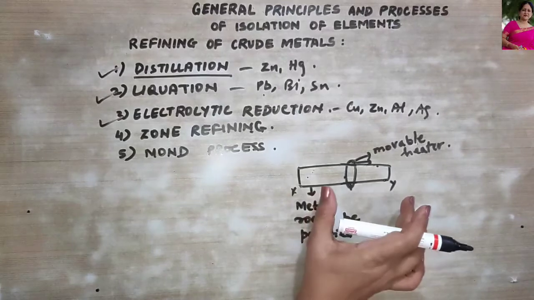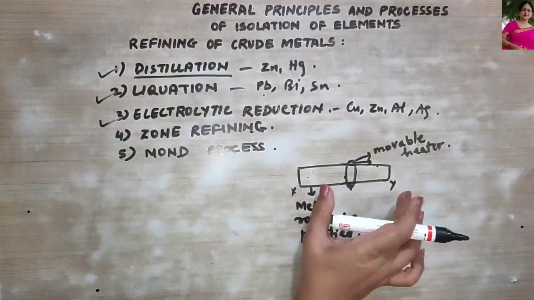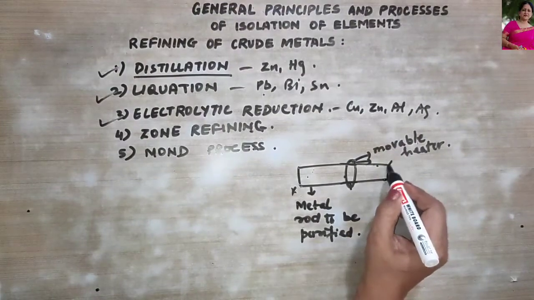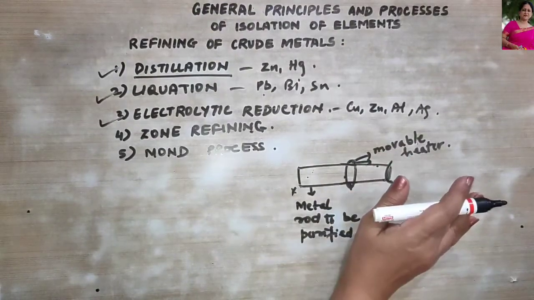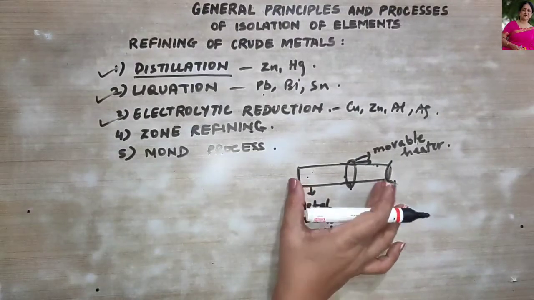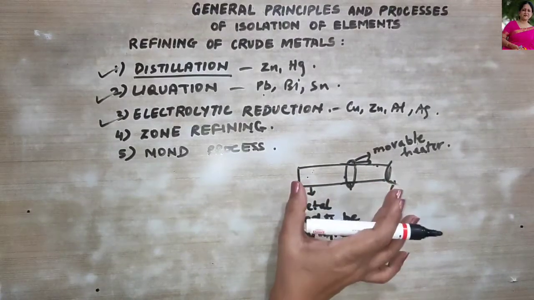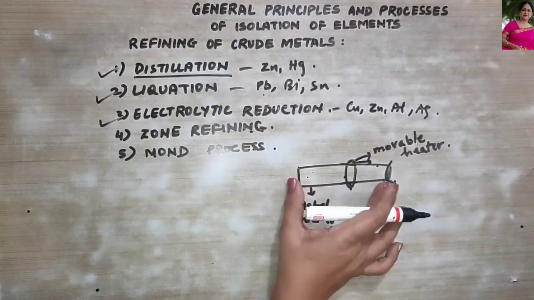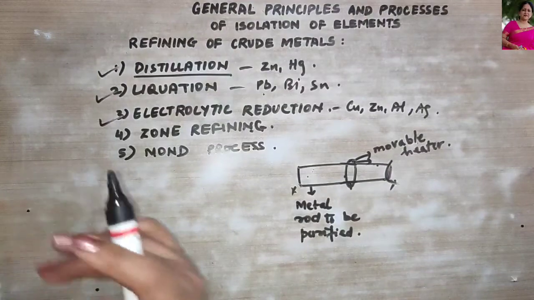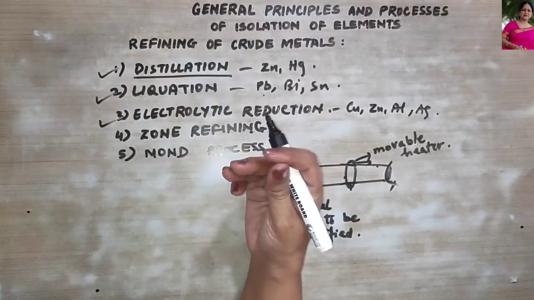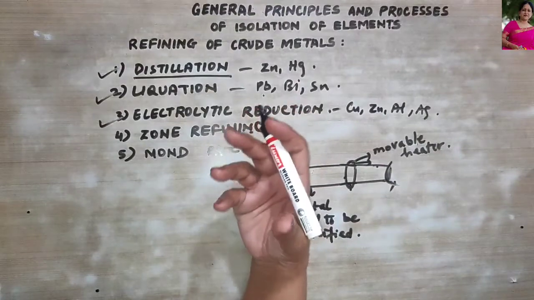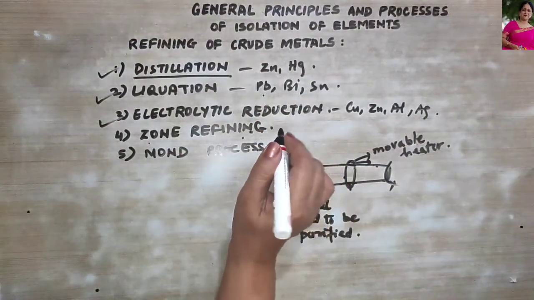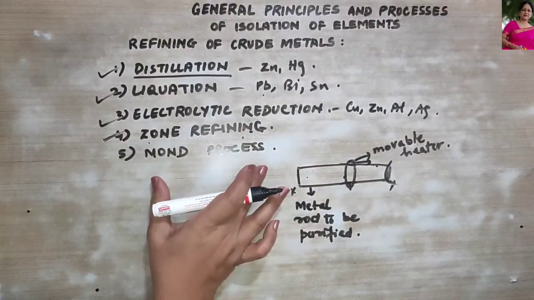And thus the end of the metal rod where the impurity has accumulated is cut off and removed, and we obtain the pure desired sample. And what example did I give you? Mostly the metalloids or the metals which are used as semiconductors are refined by this zone refining process. I hope this is very clear.